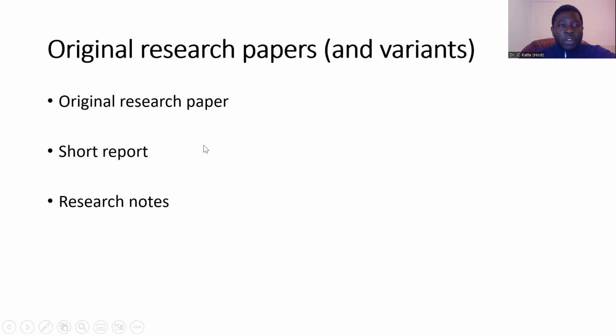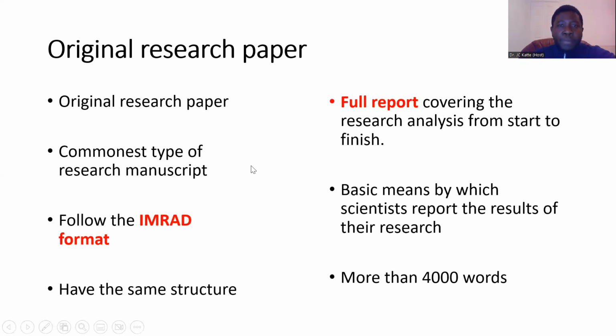So let's look at original research papers and the different variants of these that exist in different scholarly journals. I've talked here about the original research paper, short reports, or research notes. As I said, there are many other variants, but these are the main ones. The original research paper carries the full report, covering everything a particular researcher has done, from the research idea through research analysis, so really from start to finish.